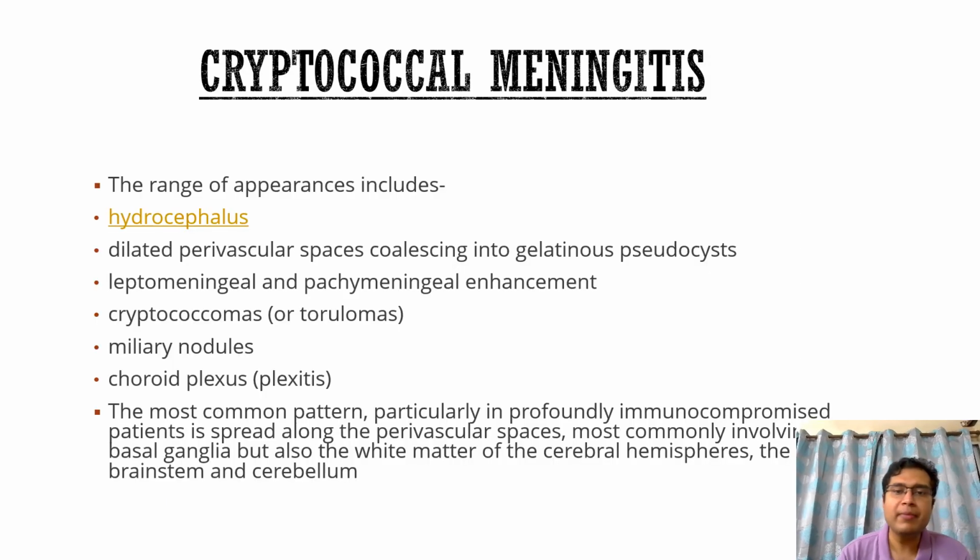The appearances of cryptococcal meningitis vary from hydrocephalus, dilated perivascular spaces coalescing into gelatinous pseudocysts, leptomeningeal and pachymeningeal enhancement, cryptococcomas, miliary nodules, and choroid plexitis. The most common pattern, particularly in profoundly immunocompromised patients, is spread along the perivascular spaces, most commonly involving the basal ganglia, which was seen in our case.